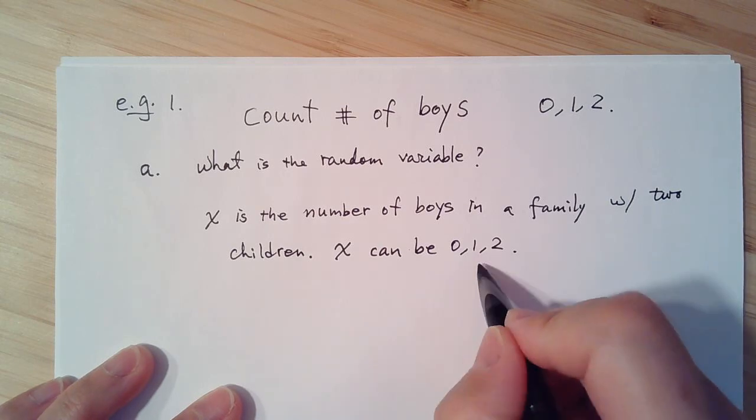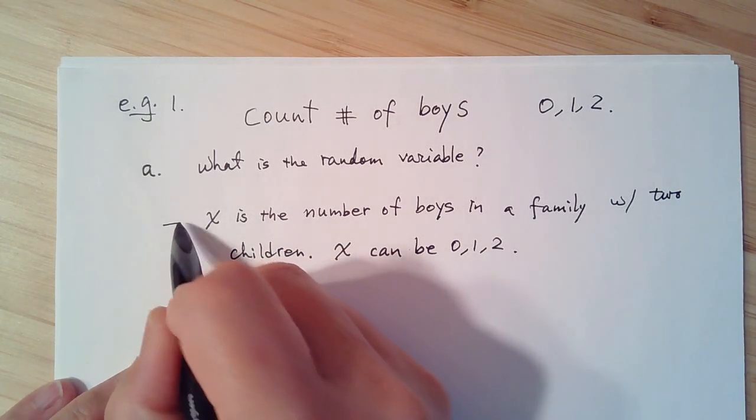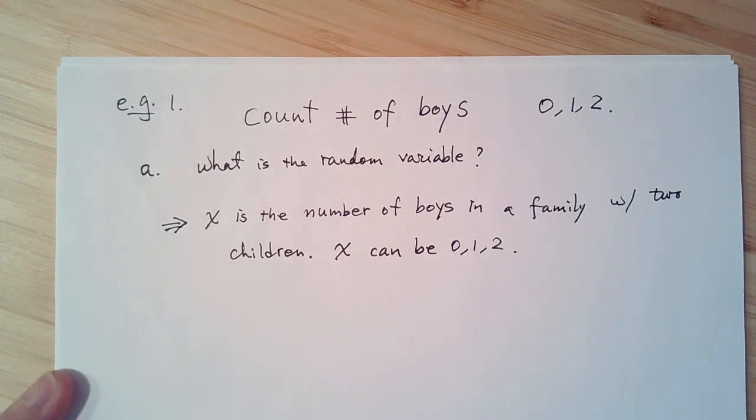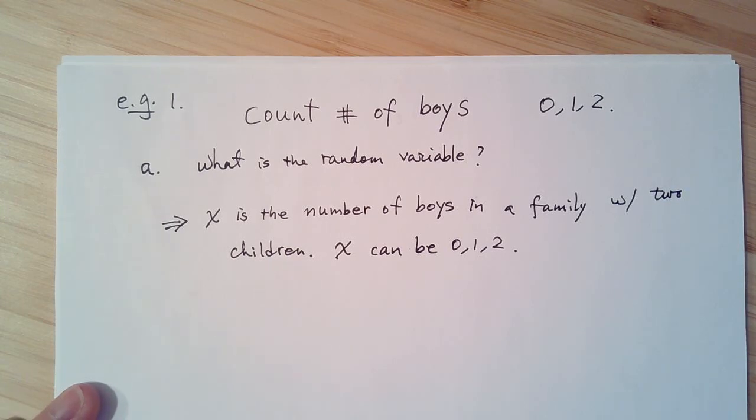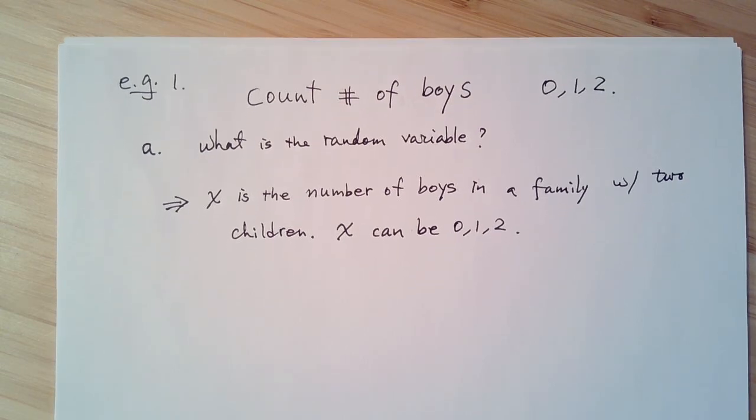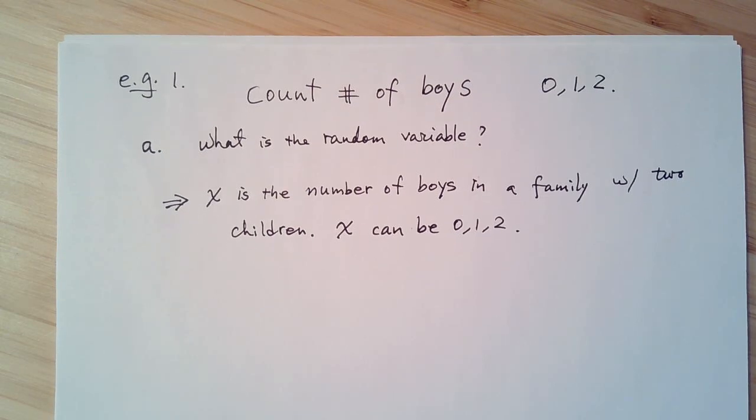That's your answer to what the random variable is. Random variable X is the count, the number of boys in this family with 2 children, and the value of X can be 0, 1, 2. Is that numerical? Yes, 0, 1, 2, right?